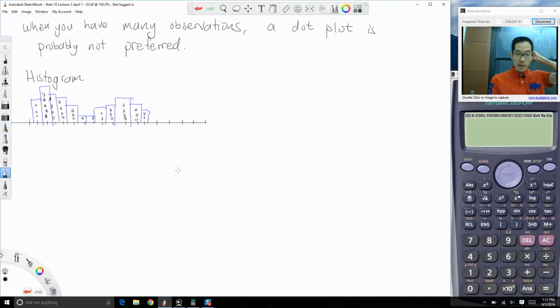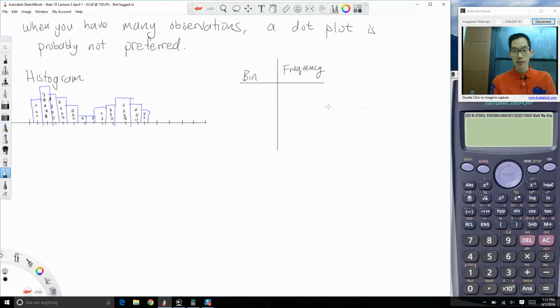But histograms can also be made useful in that you can create bins or ranges for your bars, okay? So you can create a quote-unquote bin, and you will have a frequency, okay?